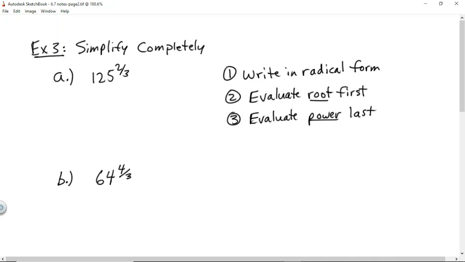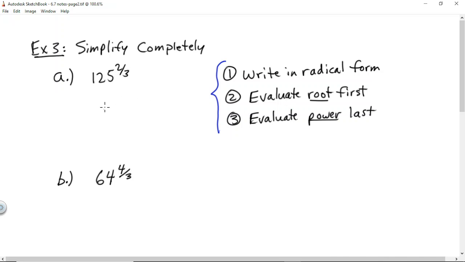Once we get them into radical form, we're going to simplify them in a similar manner to what we've done before. Okay, but these are the steps over here.